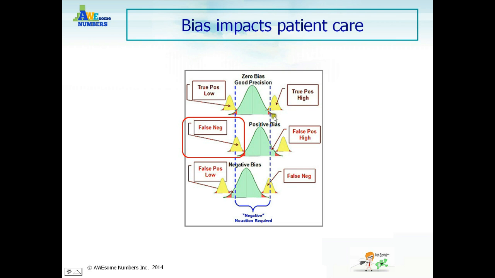However, these people who are normal now appear to be abnormal. These are false positive highs, these are false negative normals. A negative bias does exactly the same thing at the opposite end. People who should be normal are considered low, and people who should be high are falsely considered normal.